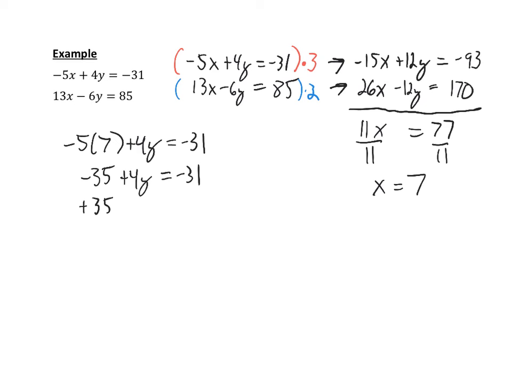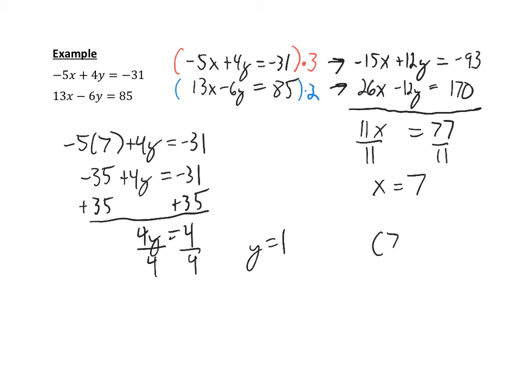Adding 35 over, 4y equals 4. If we divide by 4, y is 1. So the solution to this system of equations is 7 comma 1.